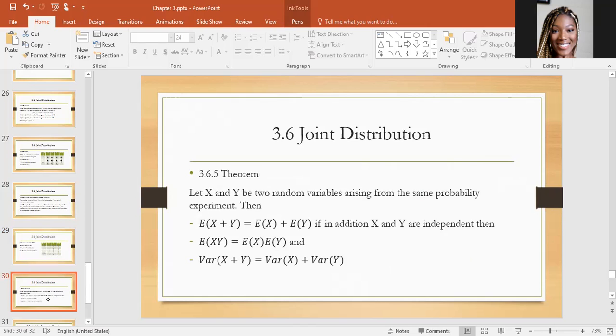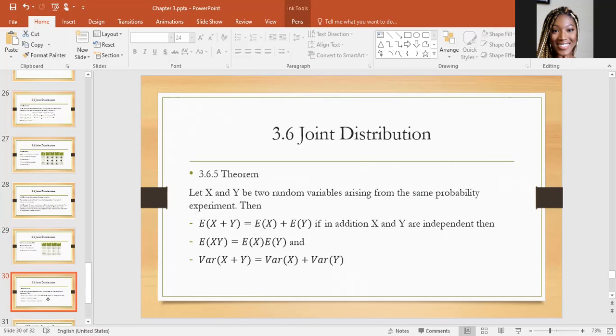This is the theorem we want to learn today, that the mean of the sum of two distributions is the sum of their means. If the random variables are independent, the expectation of their product is the product of the expectations.